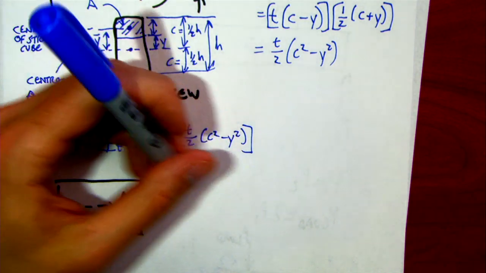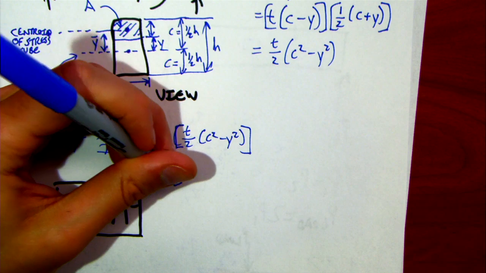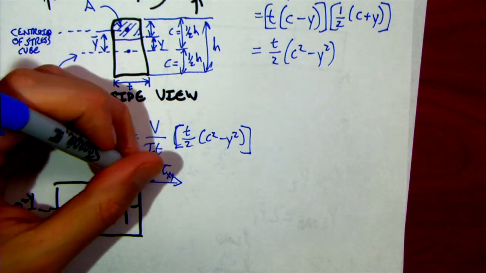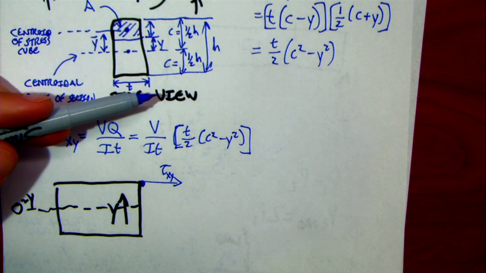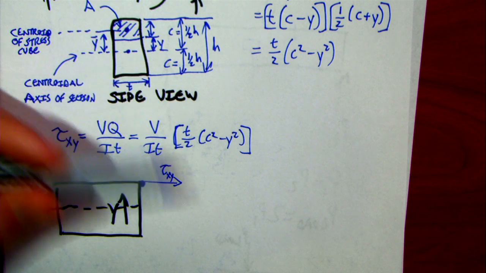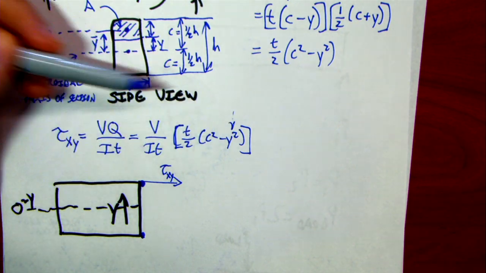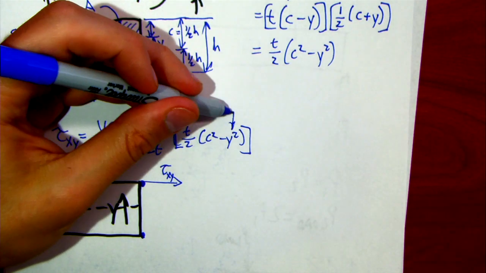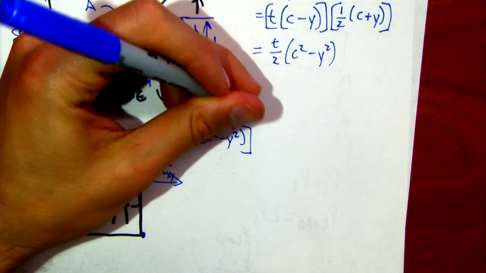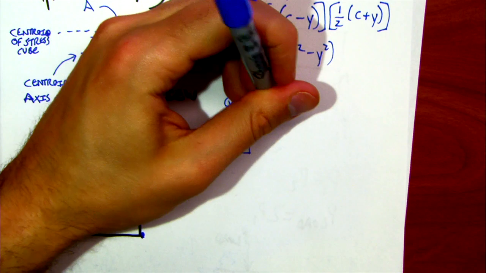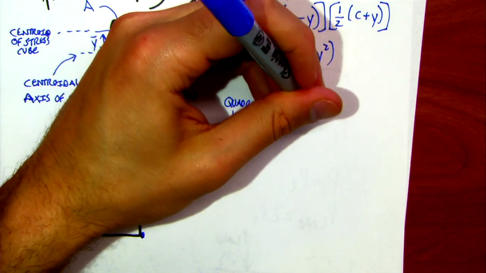If I did an axis here that was the magnitude of shear stress, I'd start at 0 up at the top. If y was negative c, I'd also get 0. So we know it goes back to 0, and we know it varies according to y squared. So this is a quadratic distribution of stress. Shear stress is actually quadratically distributed.